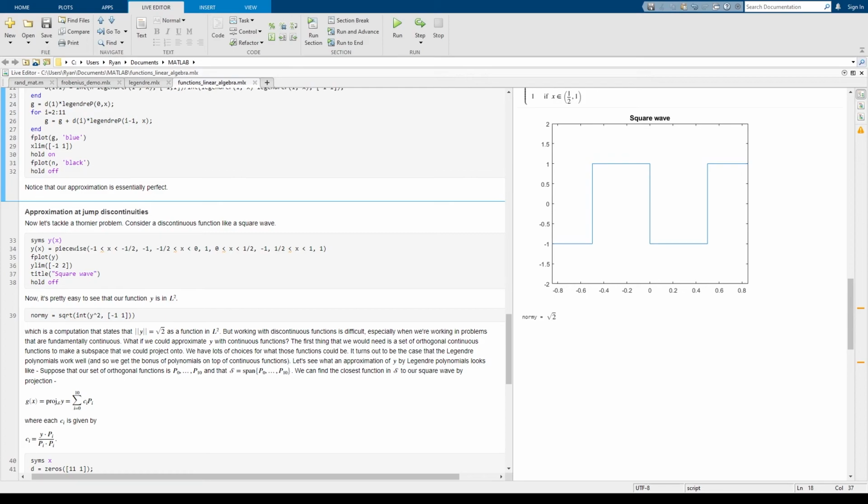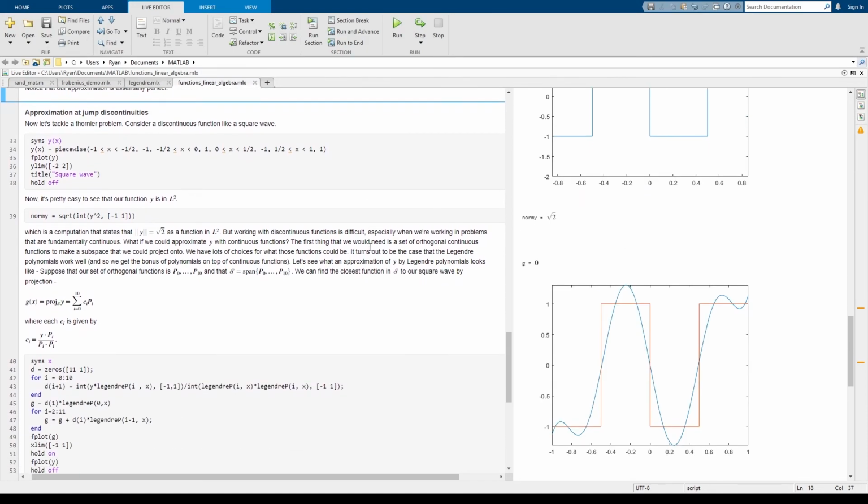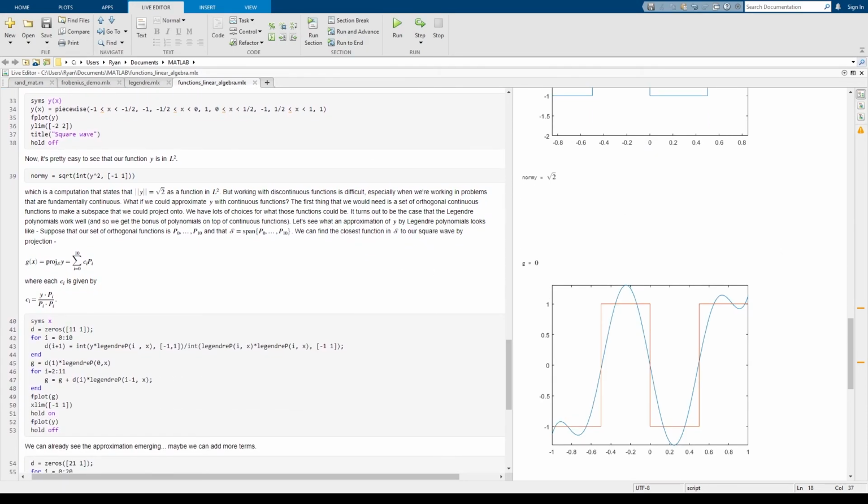It's bounded when you integrate; you get the square root of 2. And you can do an approximation. This is a 10-term approximation, the exact same thing I just wrote in the notebook. With a 10-term approximation, you end up with a continuous function that's already doing a pretty good job, right? It sees the jump from here to here and back down and back up again.